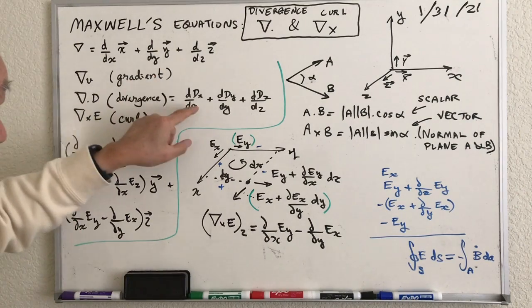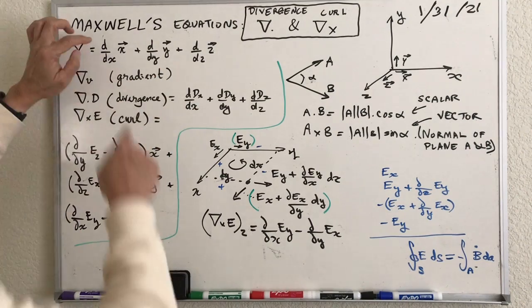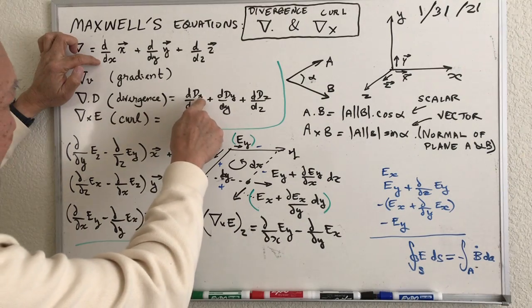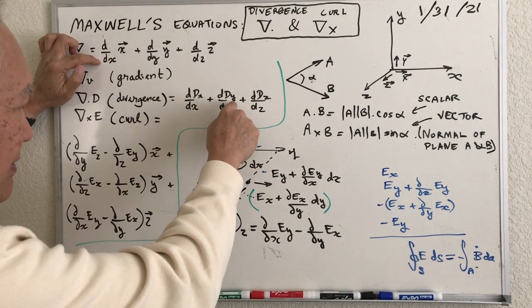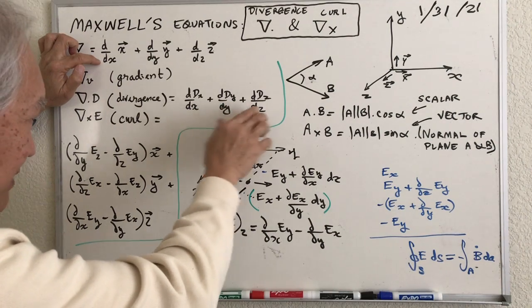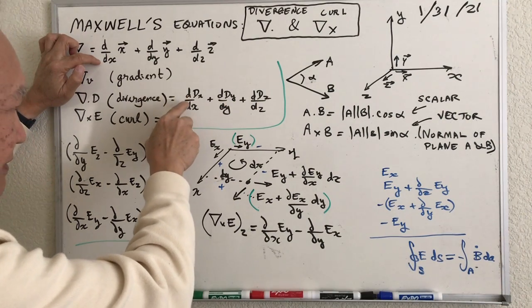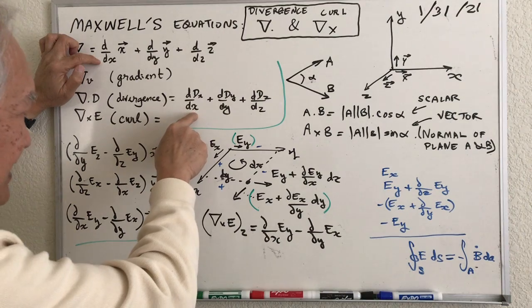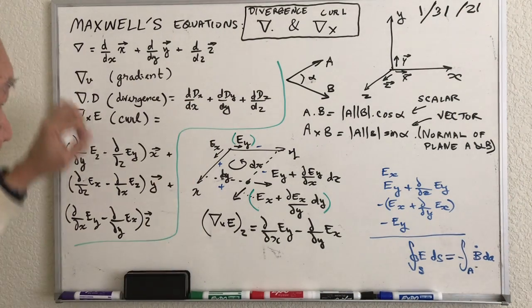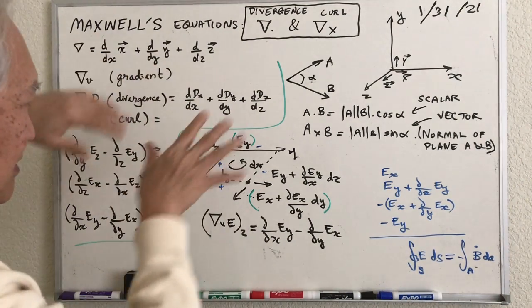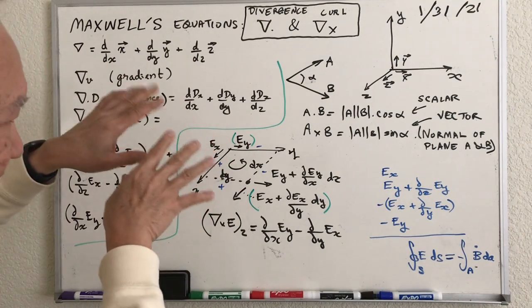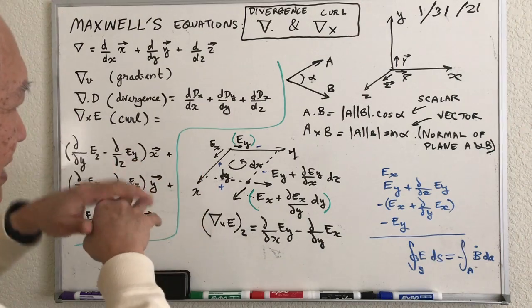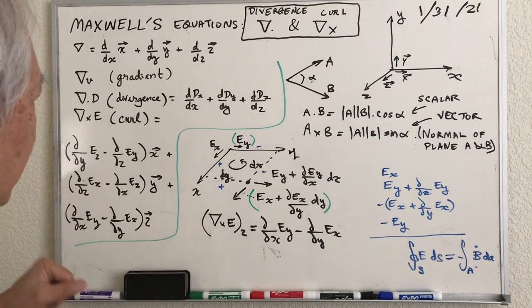That means the end result is d over dx times Dx, and likewise d over dy times Dy. That means this is the derivative with respect to x of the component Dx, because the other cross-axis multiplications all become null, right?